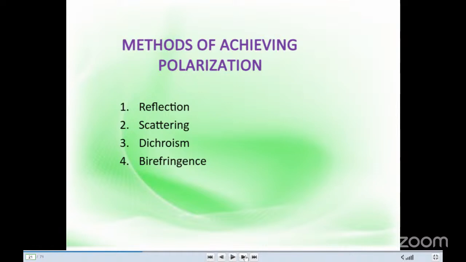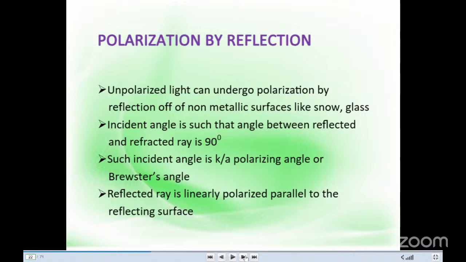Methods of achieving polarization. Unpolarized light can undergo polarization by reflection from a non-metallic surface like snow, glass, and so on.